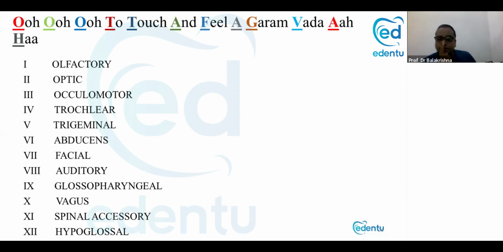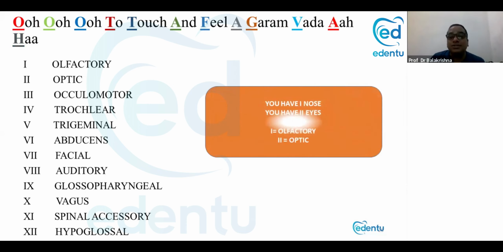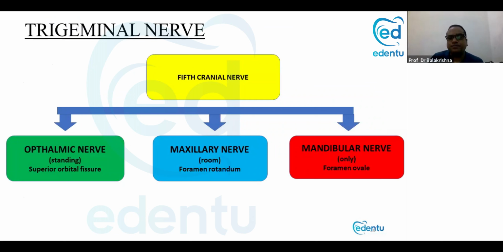From the nose. Optic means eye, vision. You have 1 nose and 2 eyes. So 1 nose is for smell, and factory has smell. So olfactory becomes 1. The first cranial nerve is olfactory. You have 2 eyes, so the second cranial nerve is optic. Automatically oculomotor becomes the third one.